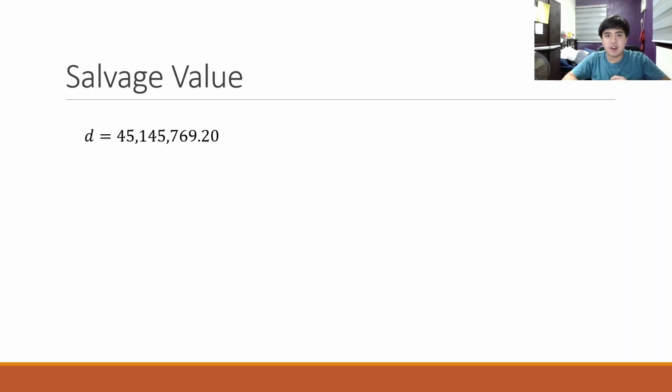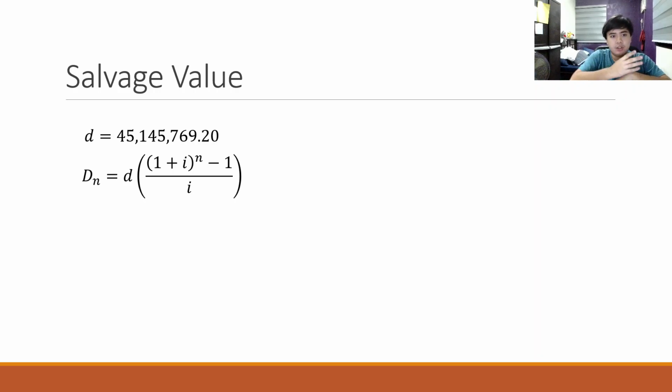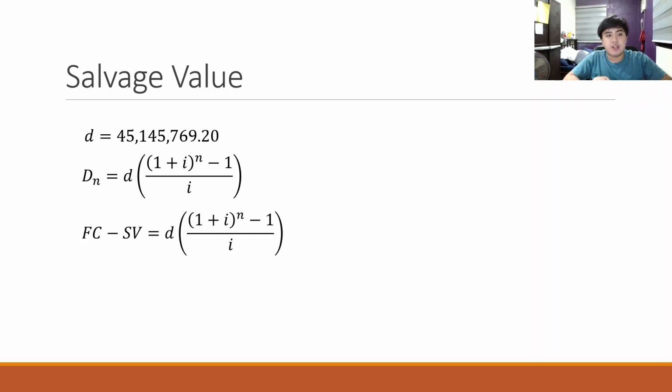Now, for the salvage value, we need to remember our annual depreciation from earlier, 45 something million. And this formula, which is the formula for total depreciation: total depreciation equals annual depreciation times the uniform series compound amount factor. Before we do that, we need the salvage value, and nowhere in the second line is the salvage value.